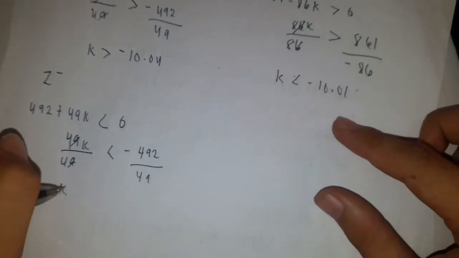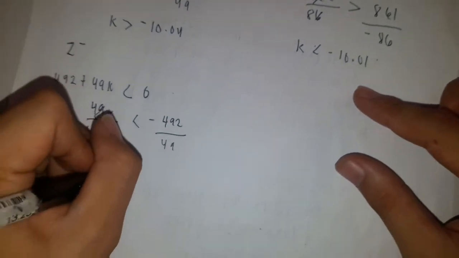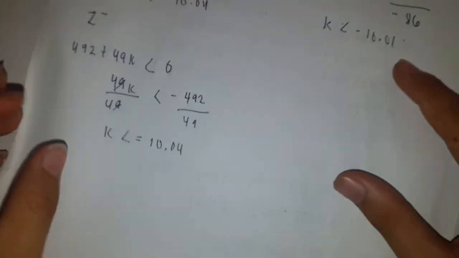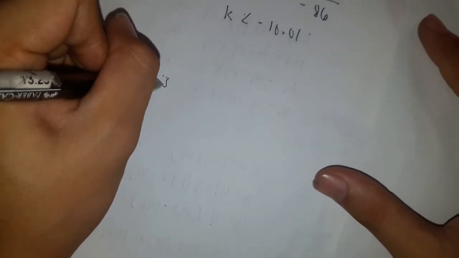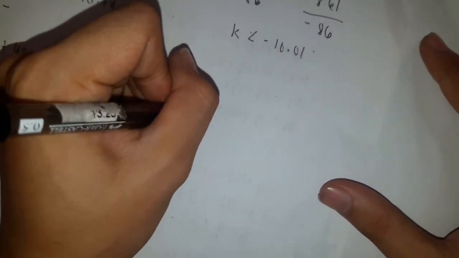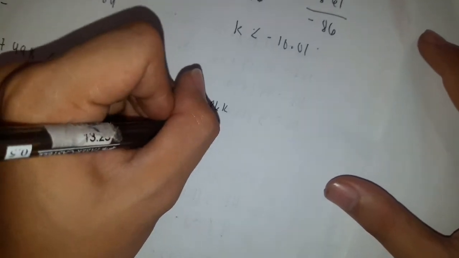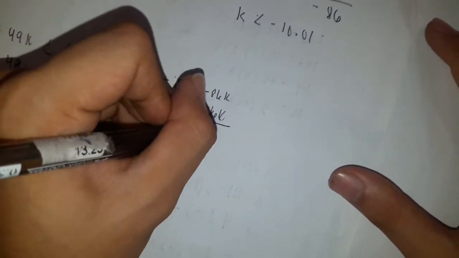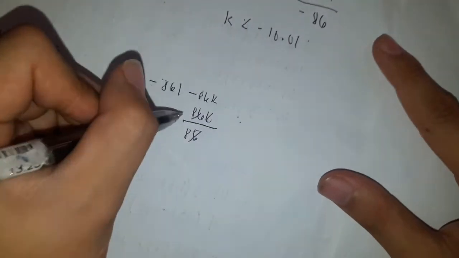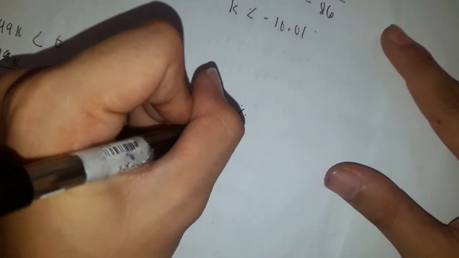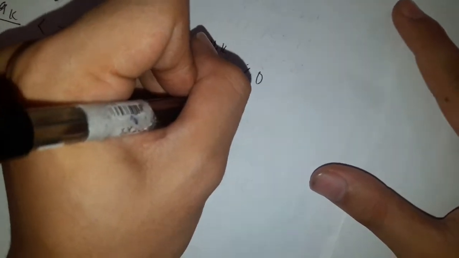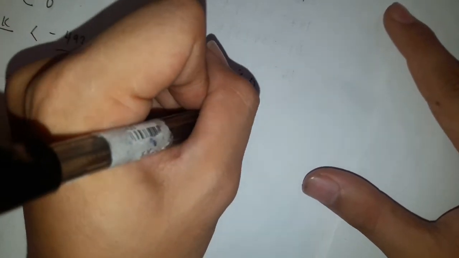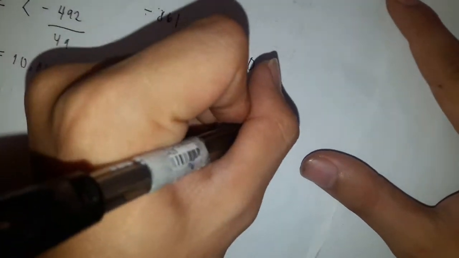We get k is less than or equal to -10.04, while for y in negative integers, -861 minus 86k over 86 is less than 0, or less than or equal to 861 over 86.